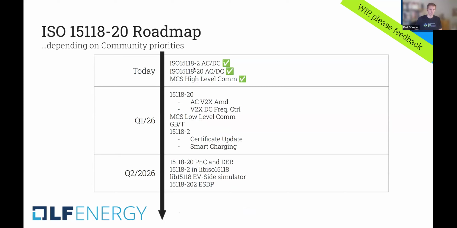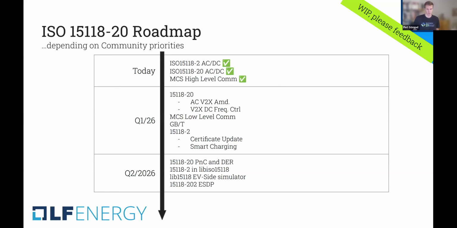For ISO 15118, we already have support for -2 and -20 AC and DC state machines, and also support for megawatt charging on the high-level communication layer. In the first half, we plan to continue to implement -20 with focus on the AC V2X amendment and the V2X DC frequency control, as well as MCS low-level communication.